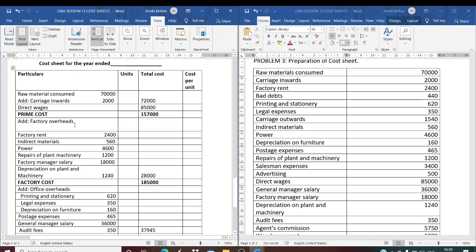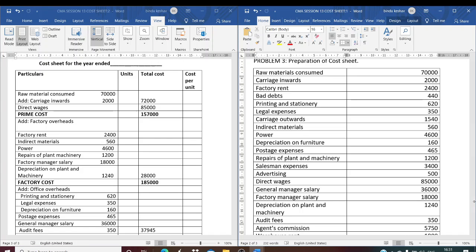Add factory overheads, that is, all the expenses which are incurred in the factory for the purpose of production. So we need to look into the question. The first one is covered, that is raw material. Second is carriage inwards. Factory rent is there. Then you can see indirect materials, power, then repairs of plant and machinery, then factory manager's salary, then again depreciation on plant and machinery.